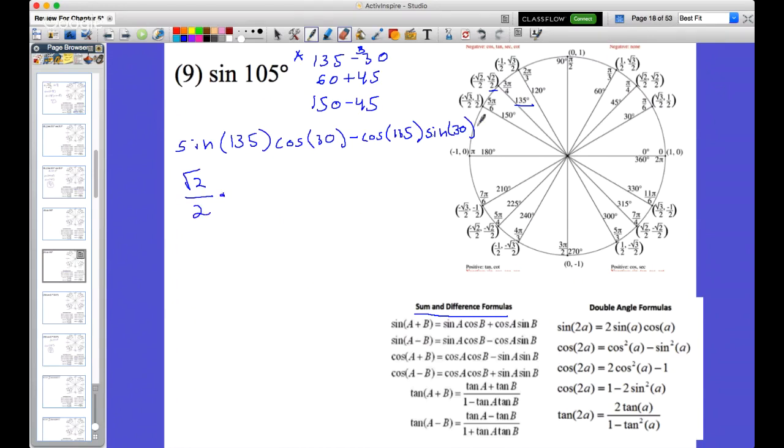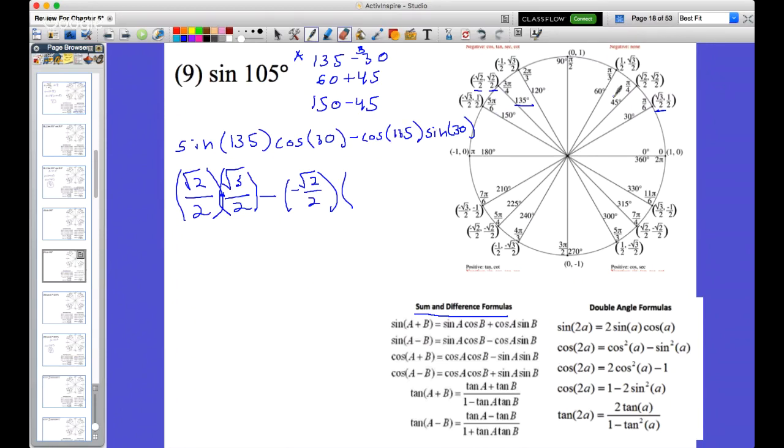And then we're going to multiply that by the cosine of 30, which will give me root 3 over 2. And we're going to subtract that from the cosine of 135, which is this negative root 2 over 2. I'm just going to throw this negative in parentheses just because that helps. And I mean, I could throw all these in parentheses. It just depends on how your mind works.